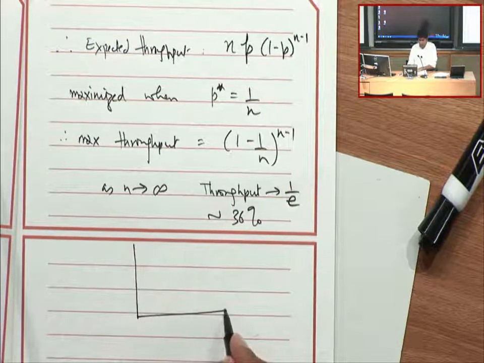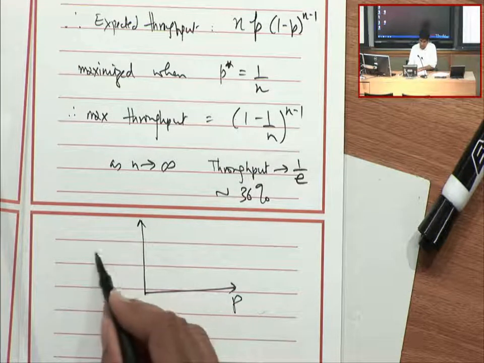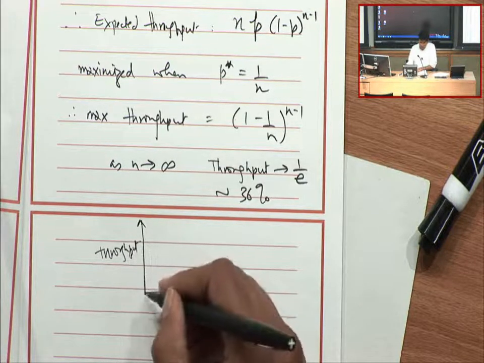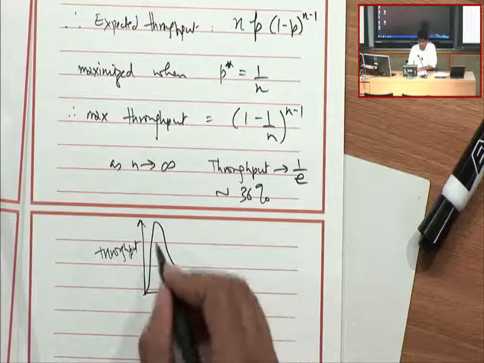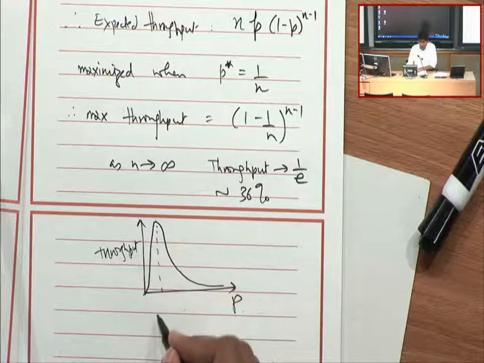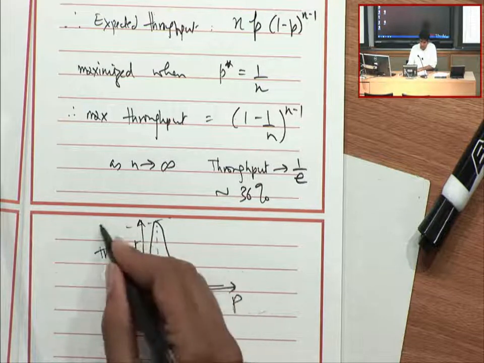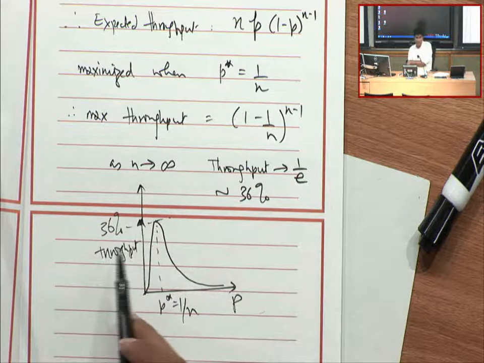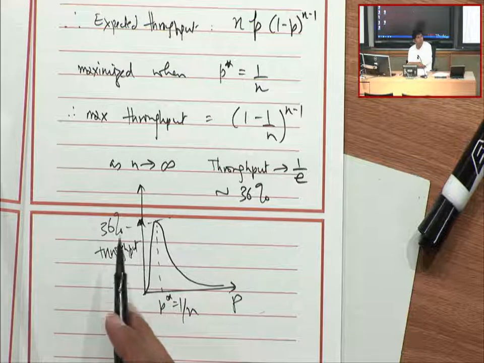And visually, the way that might appear is this is the probability p, and this is your throughput. Then eventually, as you have a larger number of users, it settles into this point where this is your p star equal to 1 over n, but this maximum value is about 36%. Okay. So 36% utilization, depending on how you look at it, is either low or high.